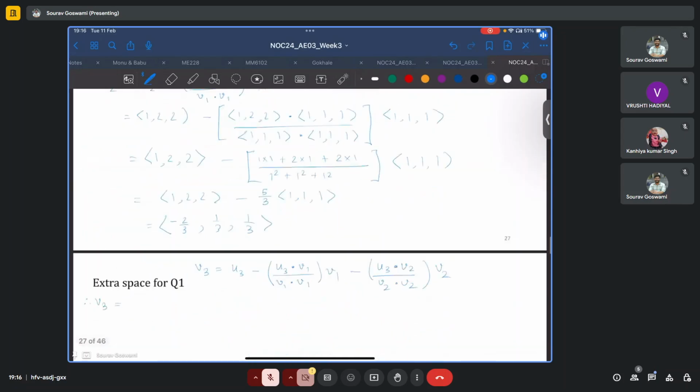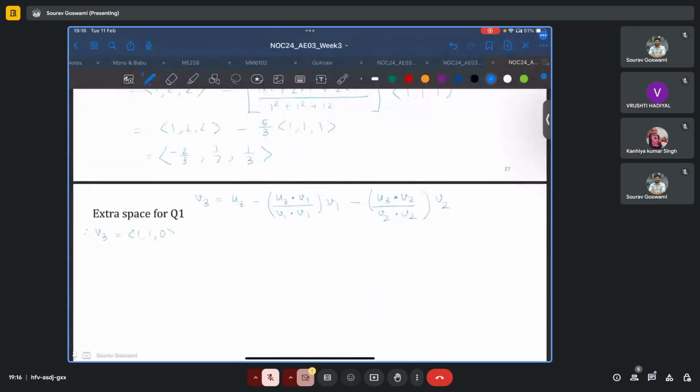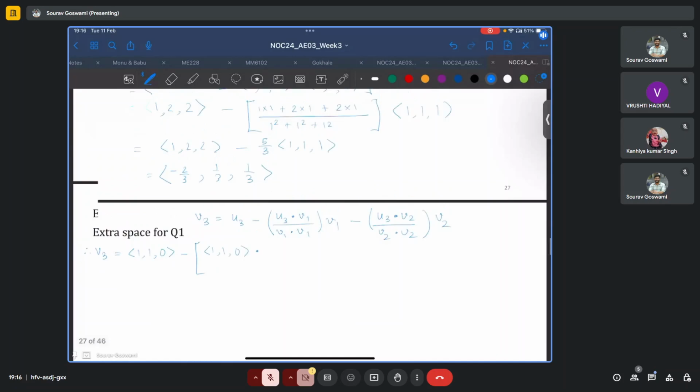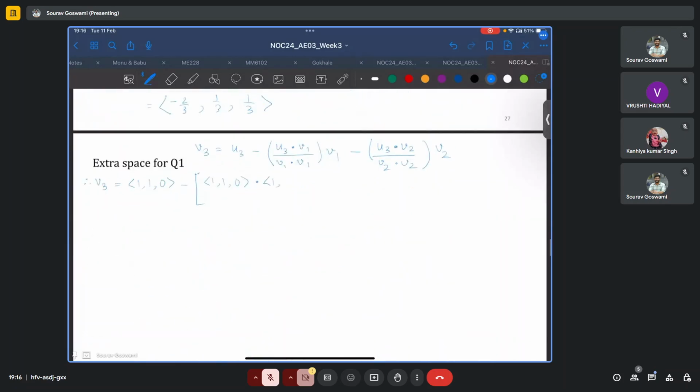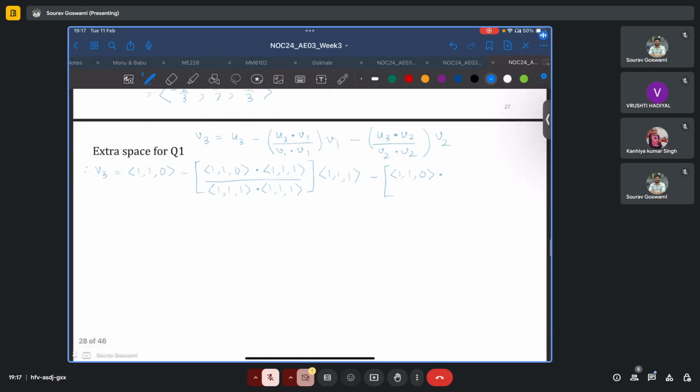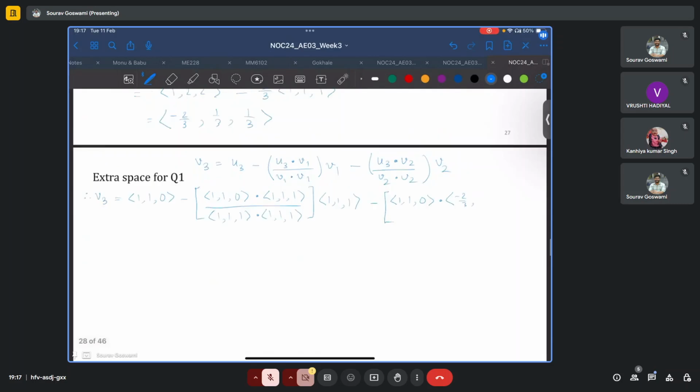U3 is 1, 1, 0. 1, 1, 0 dot V1, which is 1, 1, 1, by V1 dot V1 times V1, minus U3, which is again 1, 1, 0, dot V2, which we just found, minus 2 by 3, 1 by 3, 1 by 3, by V2 dot V2.